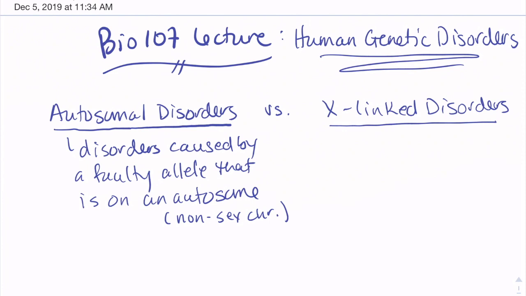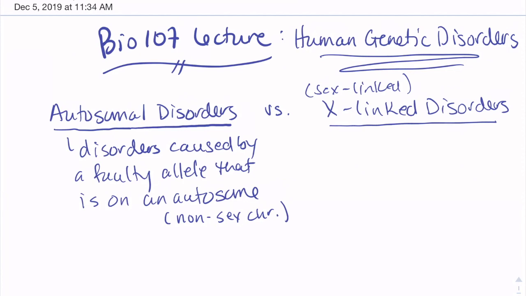Sometimes these are called sex-linked, but we're only talking about alleles that would be on the X chromosome here. Sometimes there's a faulty allele on the Y chromosome, but they're just not that common because the X chromosome is so much bigger than the Y. If you remember from a couple of weeks ago, we talked about that.